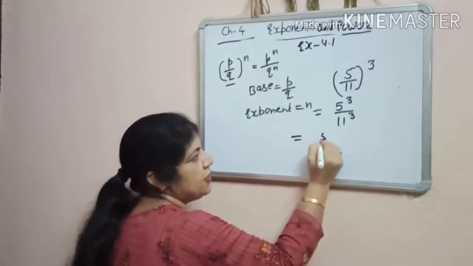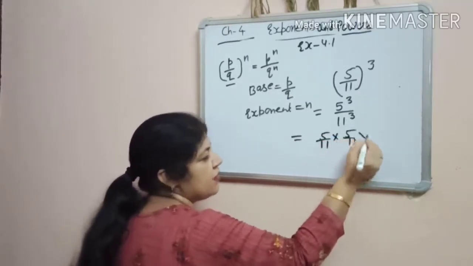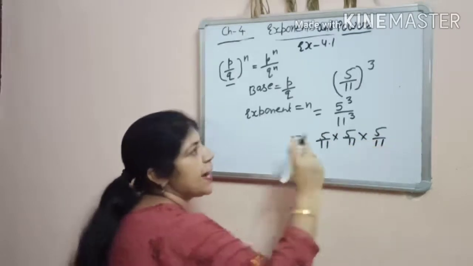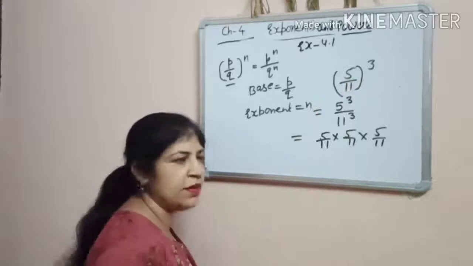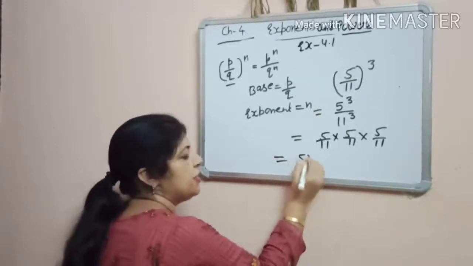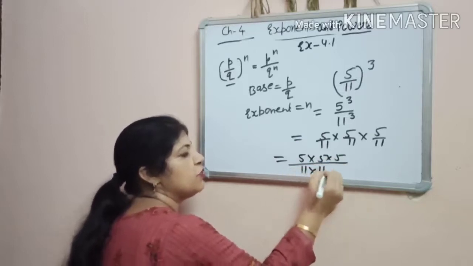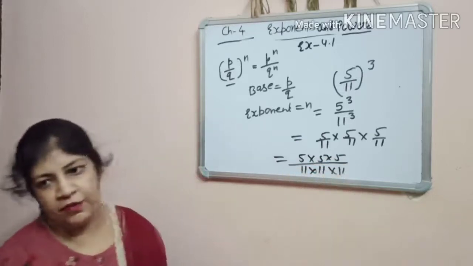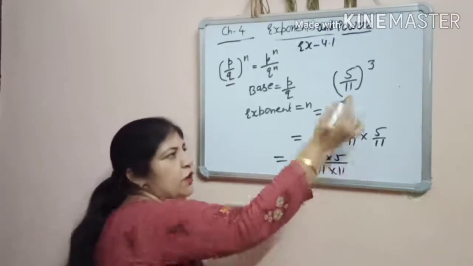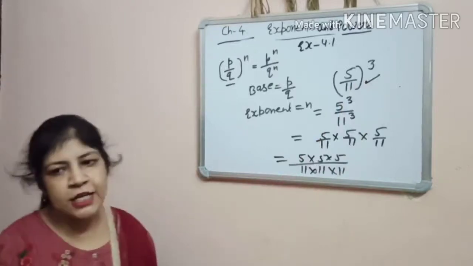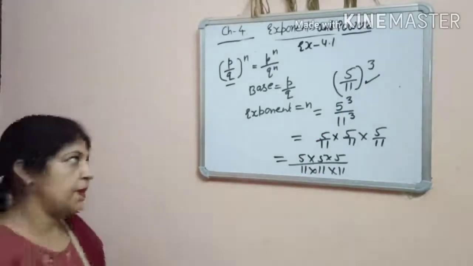So you can write it as 5 by 11, 5 by 11, 5 by 11, and you know it is the expanded form of 5 by 11 raised to the power 3. Or you can write it as 5 into 5 into 5 over 11 into 11 into 11. One and the same thing. So this is the expanded form and this is the exponent form of a rational number.